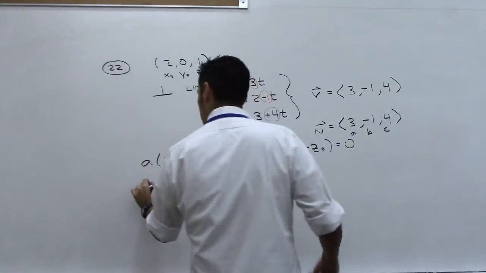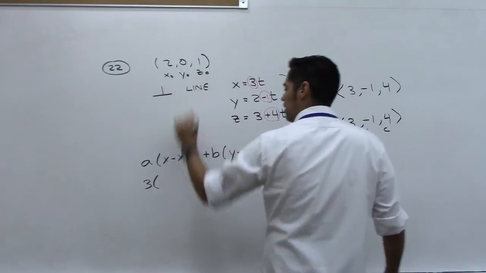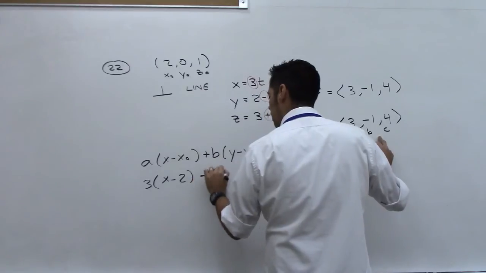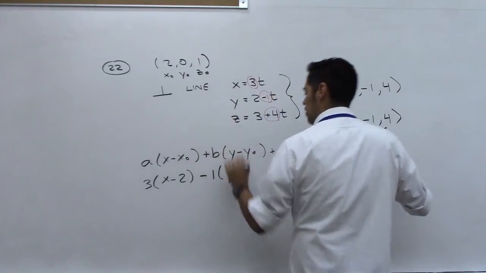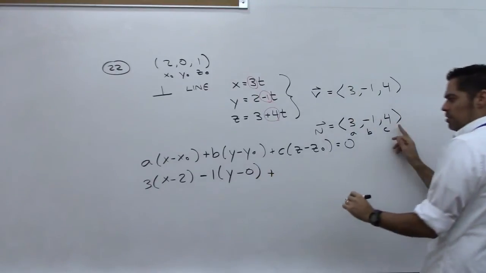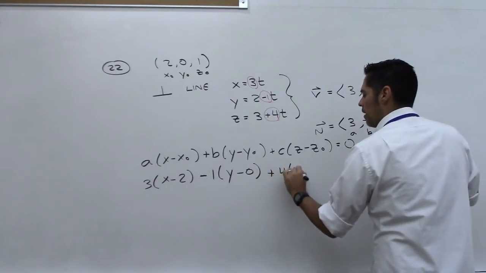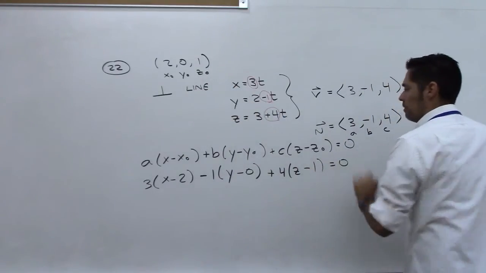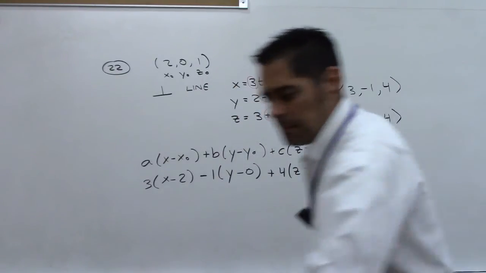So I'm going to get 3 times (x minus 2), minus 1 times (y minus 0), and then plus, let's see, c, which is 4, times (z minus 1), equals 0. And then I'll just clean it up.